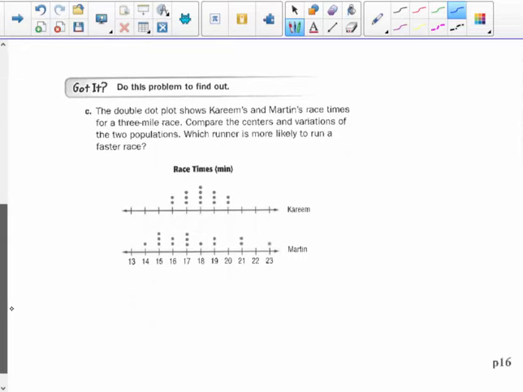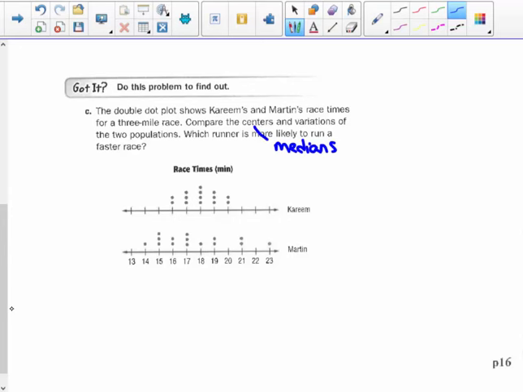On the next question, the double dot plot shows Kareem and Martin's race times for a 3-mile race. Compare their centers. Again, I would compare their medians. Easy to find on a dot plot, and we need some practice of that. And their variations. How spread are they? You don't have to calculate mean absolute deviation or mean.